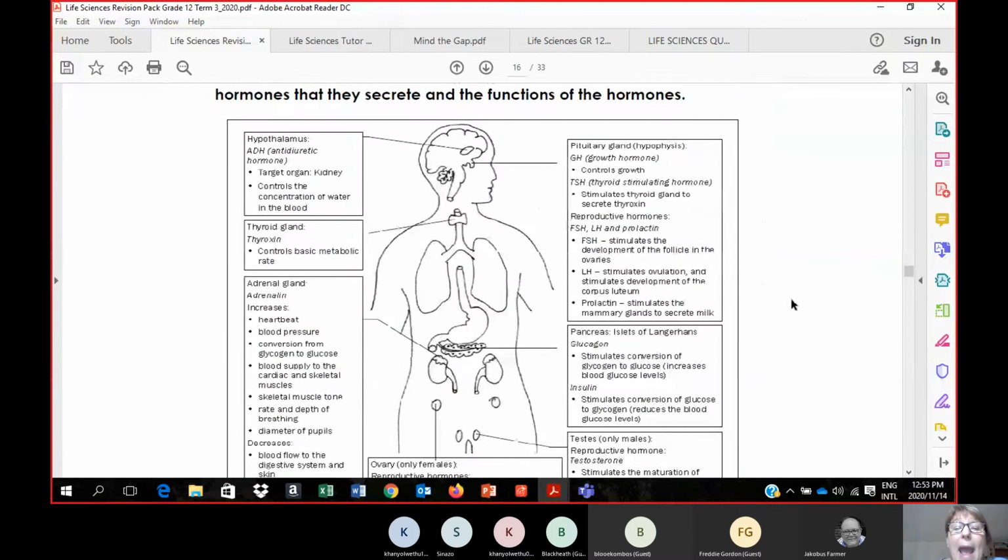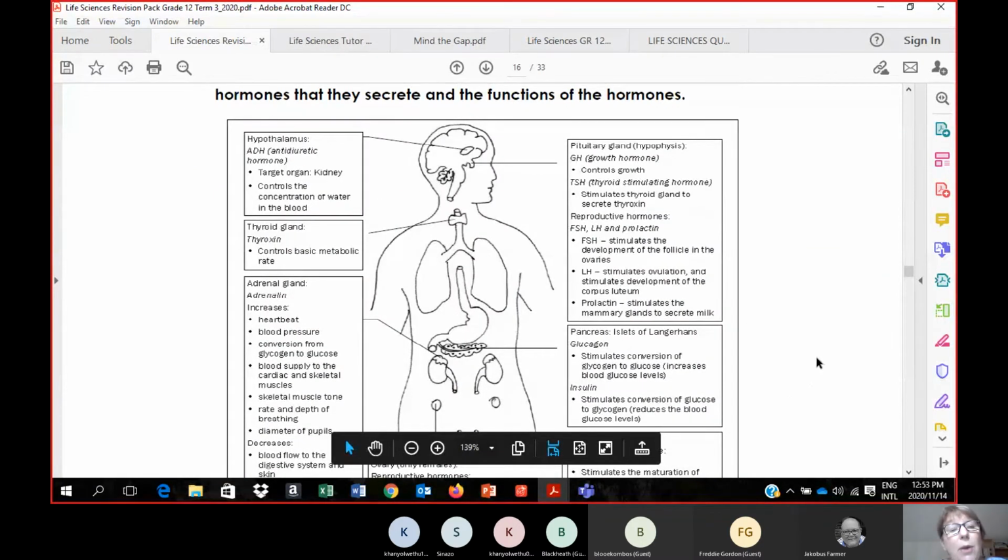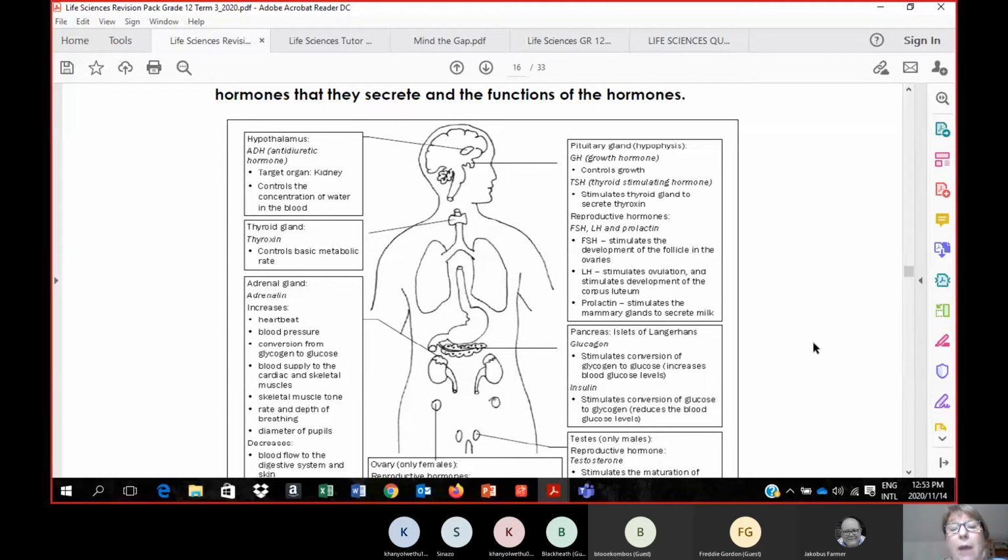Okay, and then over here are all the different endocrine glands and their functions. So you need to know where they are and what hormones they secrete and the functions of the hormones. But now, as I said, you will see that there are maybe one or two hormones here that you haven't heard of before, but all the others are familiar to you. So for example, over here we've got antidiuretic hormone, ADH.